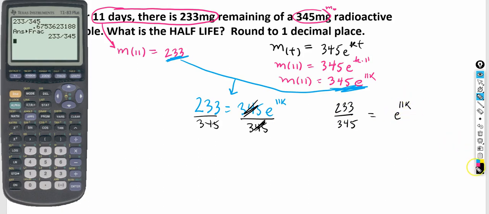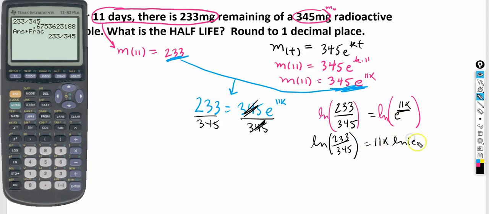So now to find k, I'm going to take logarithms of both sides. Since the base here is e, I'm going to take ln of both sides. And using rule 3 of logarithms, I'm going to have 11 times k times ln of e. But ln of e is just equal to 1, so I don't need that. And now to find k, I just divide both sides by 11.